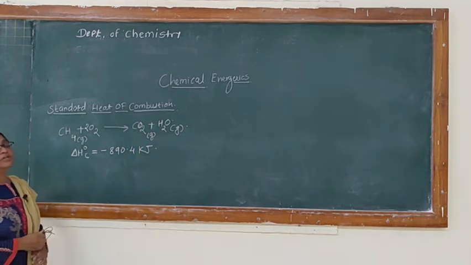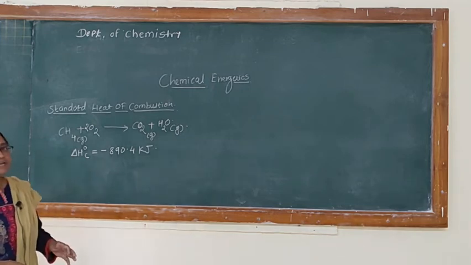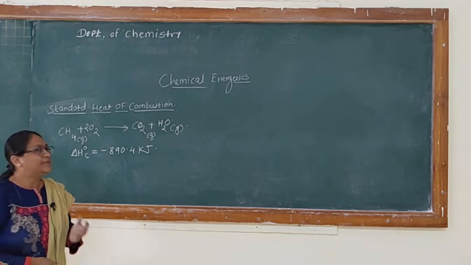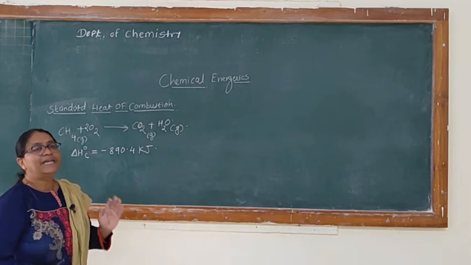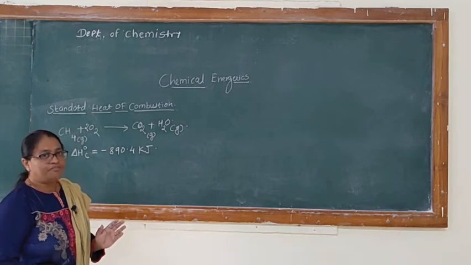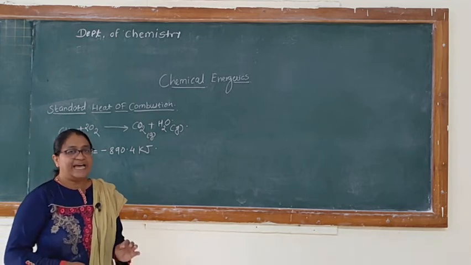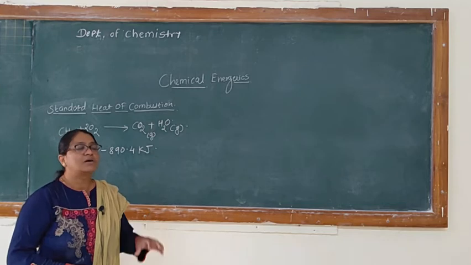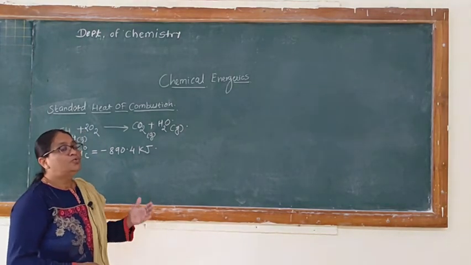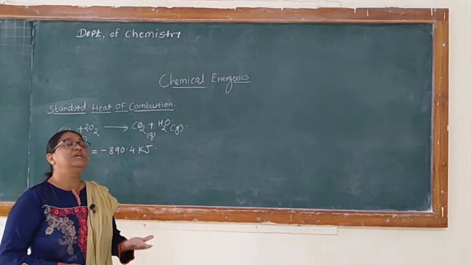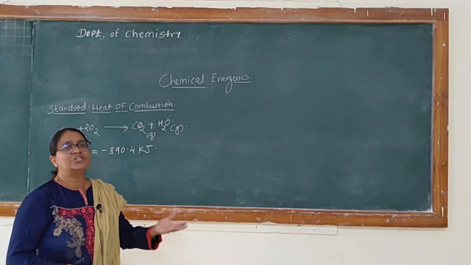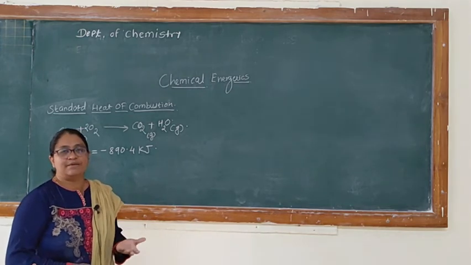We had said that this combustion takes place at standard condition, that means the temperature is 298.15 Kelvin and the pressure is 1 atmosphere. This doesn't mean that combustion occurs at 298.15 Kelvin. Obviously, to do the combustion, we have to increase the temperature. The temperature in combustion reactions is much higher than this temperature.